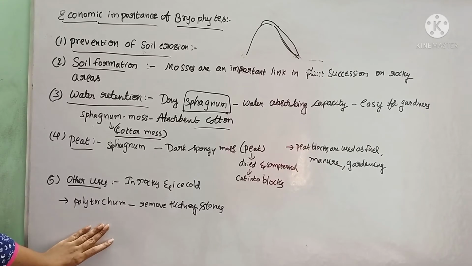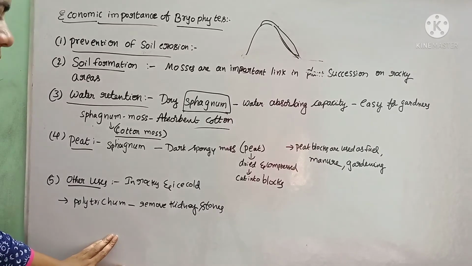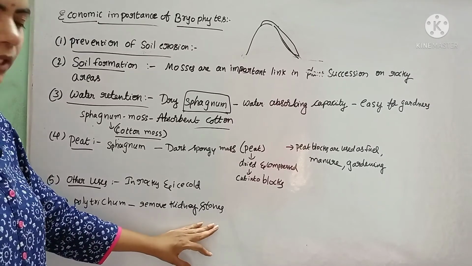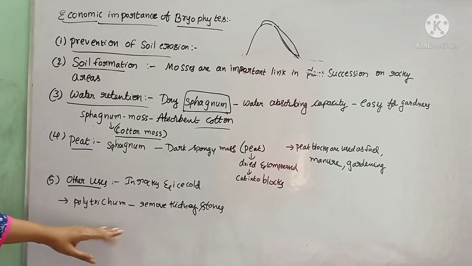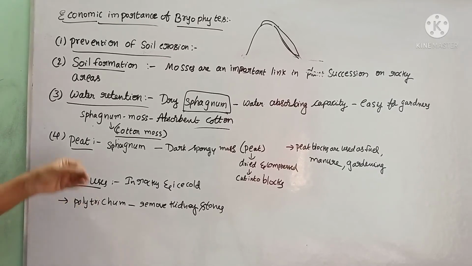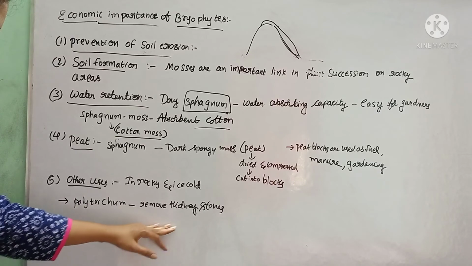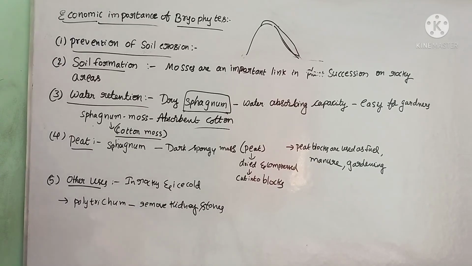And some species of bryophytes may be used by patients suffering from kidney stones. Those patients make a decoction with Polytrichum species. That is, it is added to water and boiled for some time. The decoction is made, which is taken by patients suffering from kidney stones, and that will cure the disease.